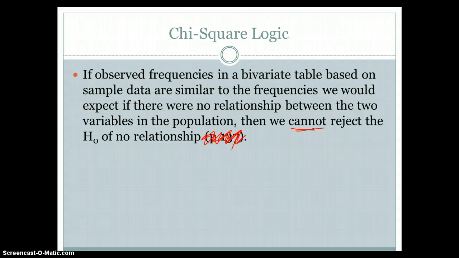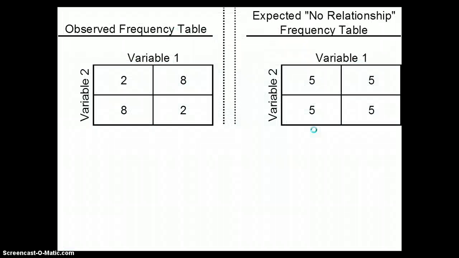However, if the observed sample frequencies look different than the expected no relationship population frequencies, then we can reject the null hypothesis. It is a logic problem a little bit, and I hope you're sticking with me on this. But let's look at an example and see what it looks like.